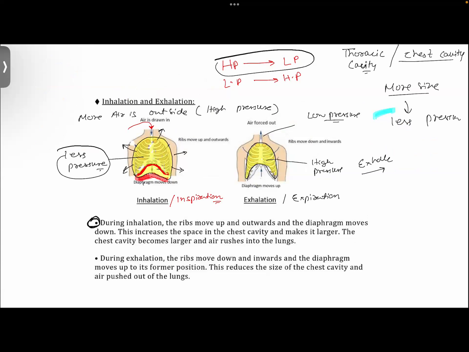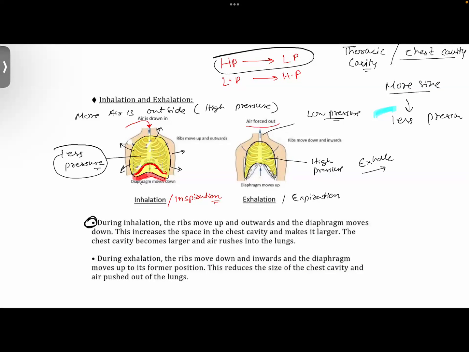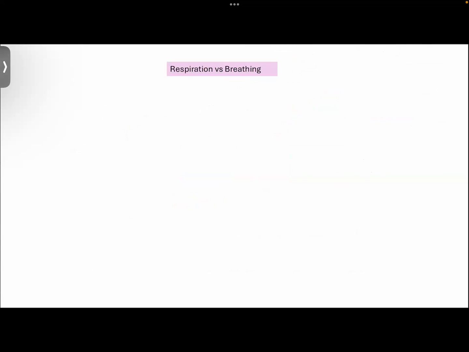So let us say this is a small area, because of which pressure inside is more, while outside the body pressure is low. From high pressure to low pressure, the air moves out, and the air that goes out from the lungs is rich in carbon dioxide. So this was the mechanism of breathing.